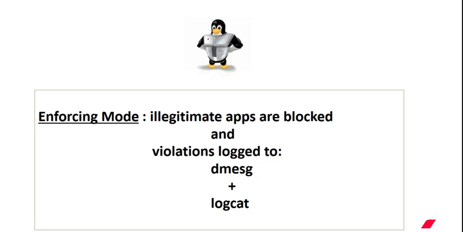So now in enforcing mode, whenever you do security research in Android platforms, the illegitimate actions are prevented by default and attempted violations are actually logged by the kernel to dmesg and to logcat. Okay. Android device manufacturers should actually gather information about these errors so they can refine their software and their own SE Linux policies before enforcing them.